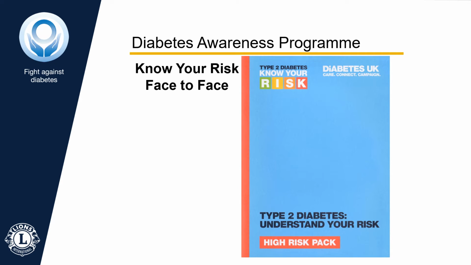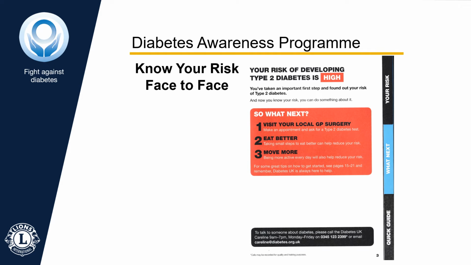This booklet is specifically aimed at those in the high risk category, which is with a point score of 25 or more, and provides information on what to do next. Visit your local GP surgery, think about changes to your diet and taking more exercise.